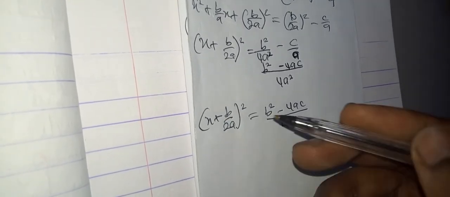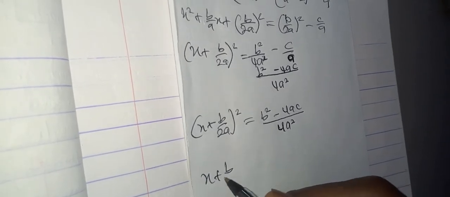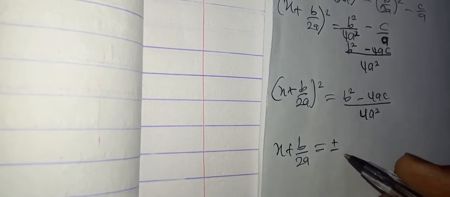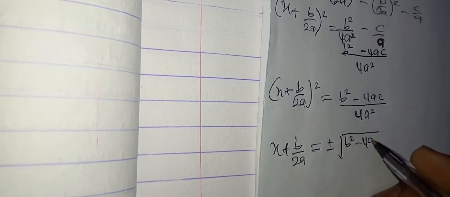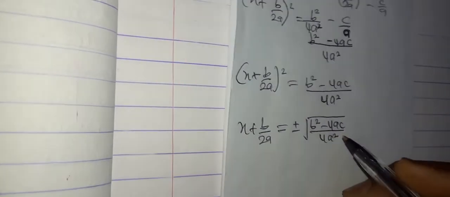Now I have to clear this bracket. In fact, I have to clear this square with a square root, as we do know. So essentially I'm going to have s plus b over 2a is equal to, and once I'm going to introduce a square root, it's going to be plus or minus. We do know that plus or minus the root of b squared minus 4ac all over 4a squared.